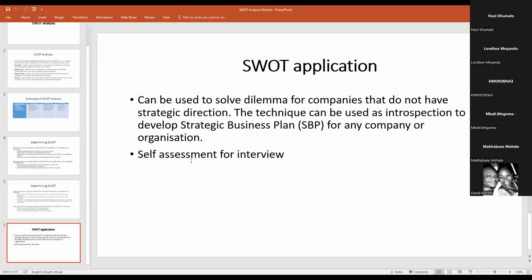And again, you can also use SWOT analysis for self-assessment. If maybe you are preparing yourself for an interview, you need to know your weaknesses, you need to know your strengths, you need to know your abilities to do other things. So I think it can be a very useful tool for different companies, irrespective of the size or the industry in which the company is involved.